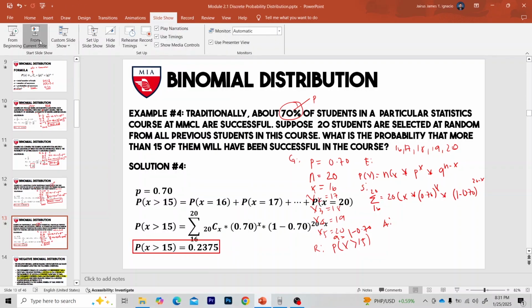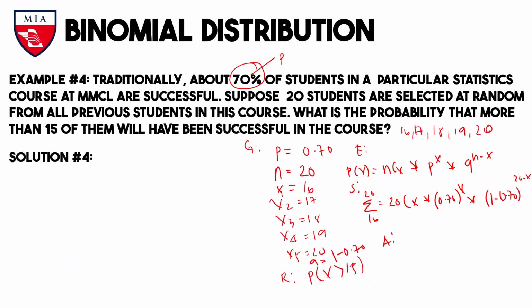So that's how we solve a certain problem like this. So we have probability of x greater than 15 is equal to 0.2375.